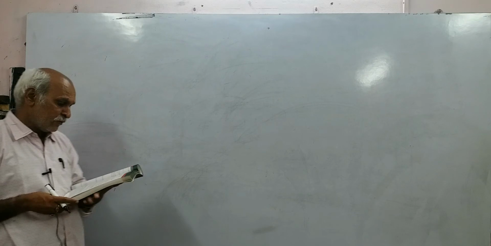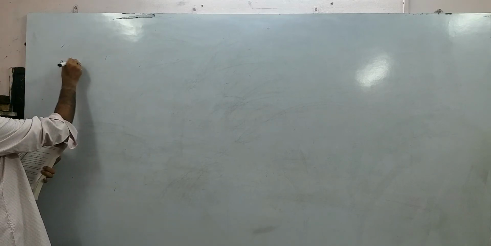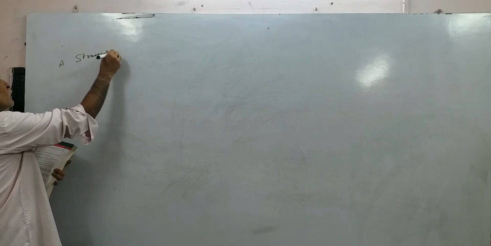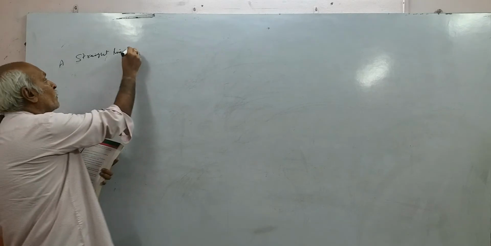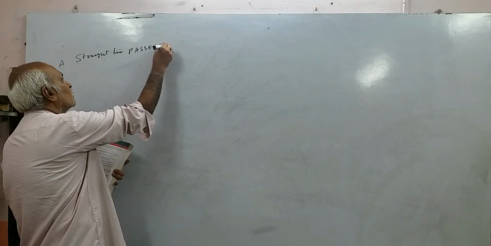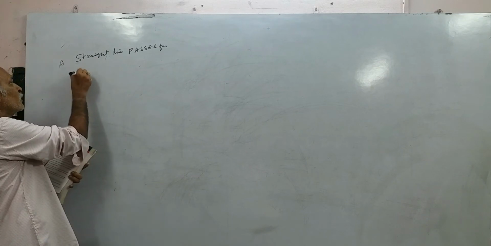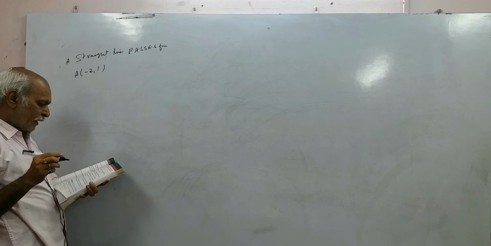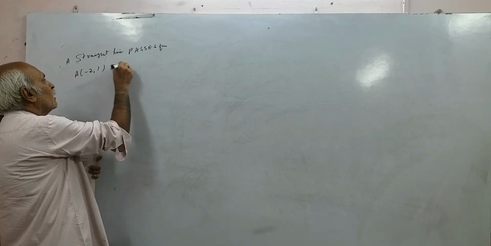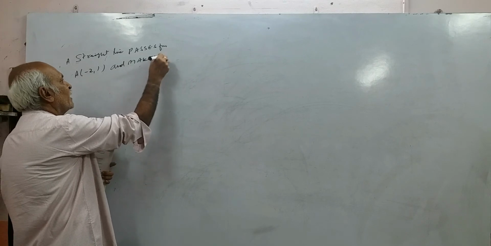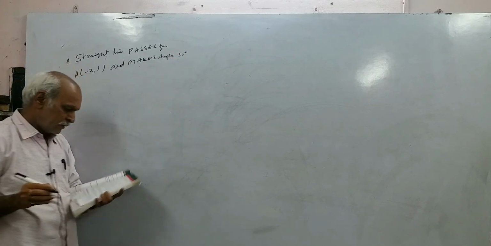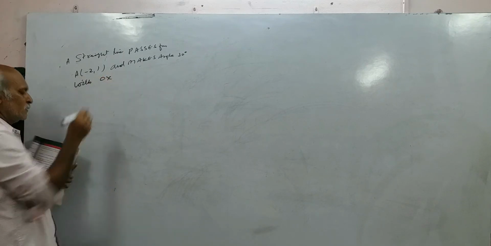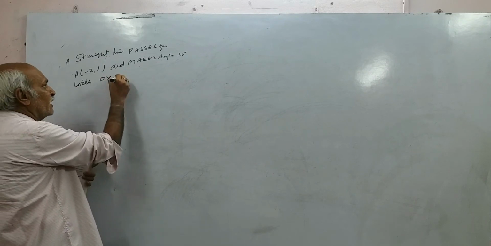Next model, next problem. Please understand here. A straight line passes from A minus 2 comma 1 and makes angle 30 degrees with OX direction.